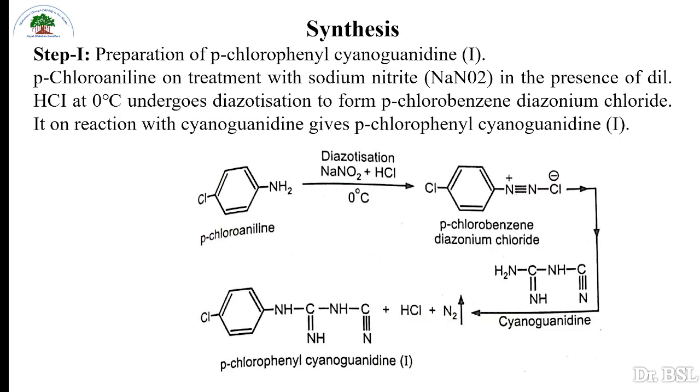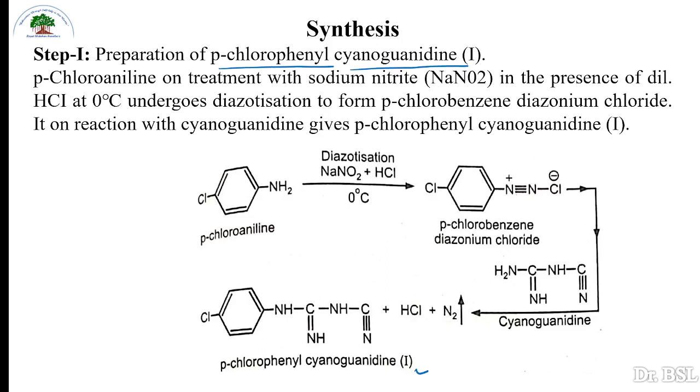Synthesis of this antimalarial drug consists of two steps. The first step is preparation of parachlorophenyl cyanoguanidine, that is the first compound.